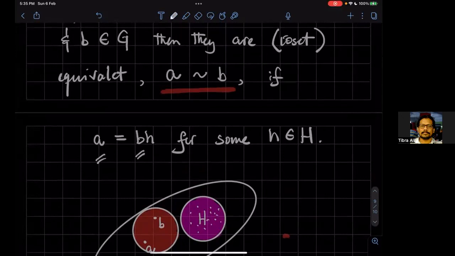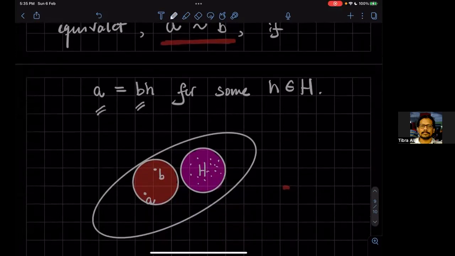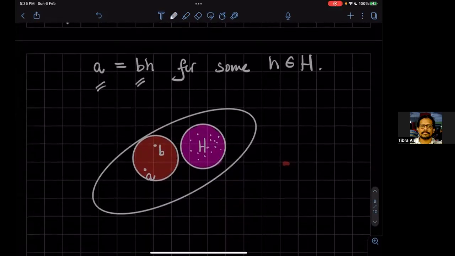Do you understand the definition and the set theoretic picture? Yes, sir, understood the picture.